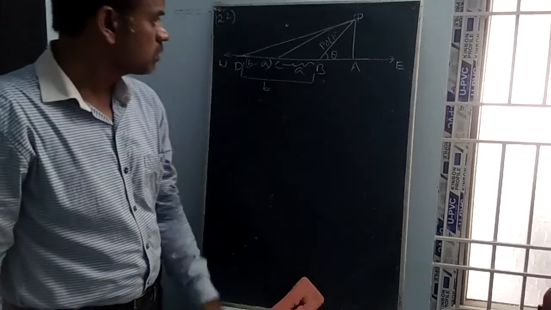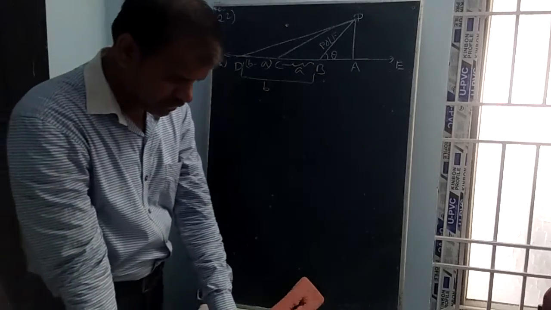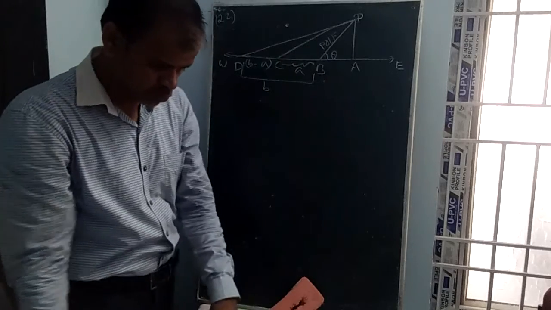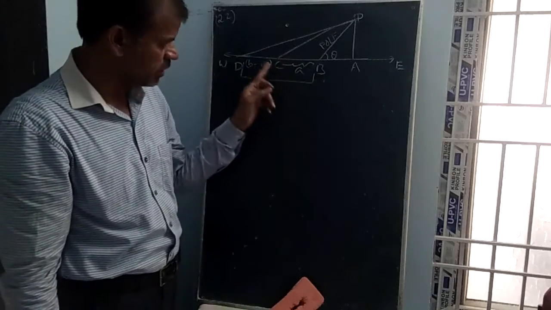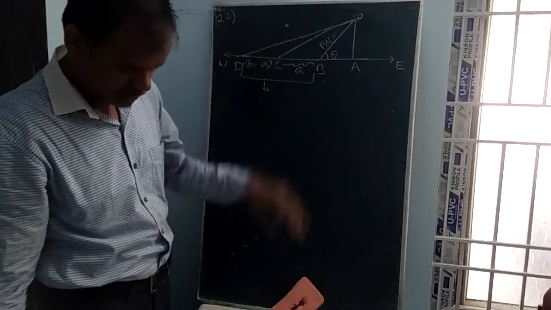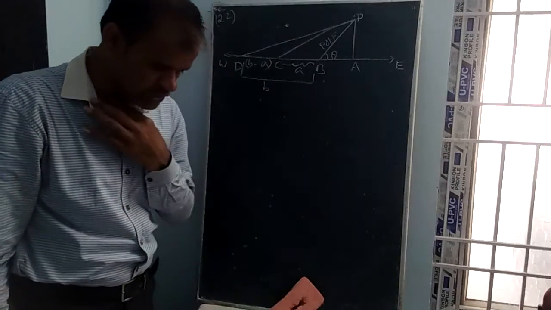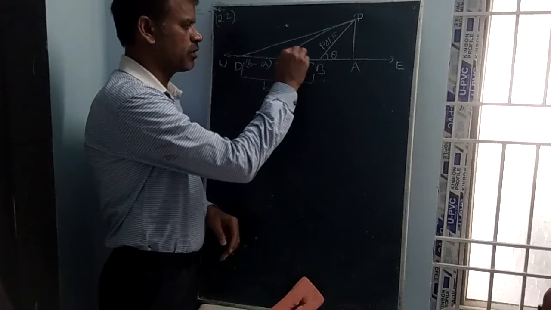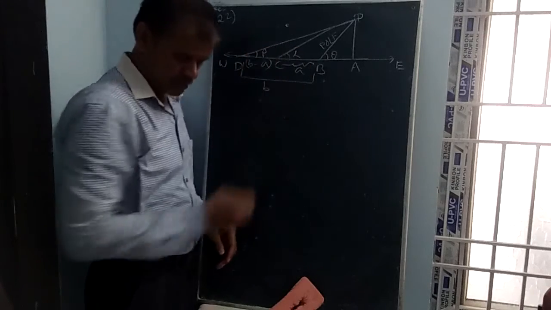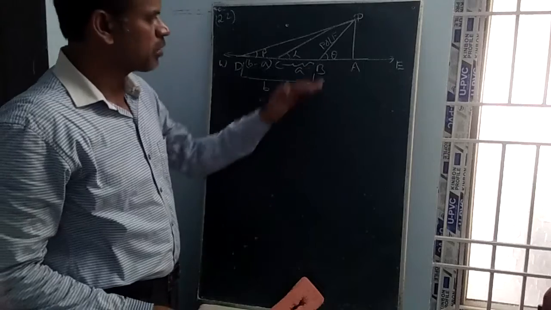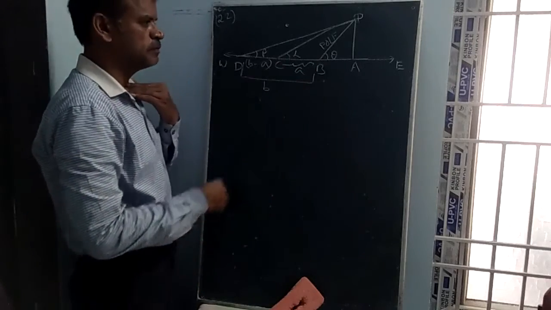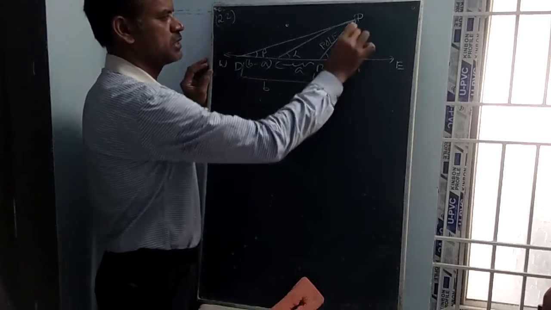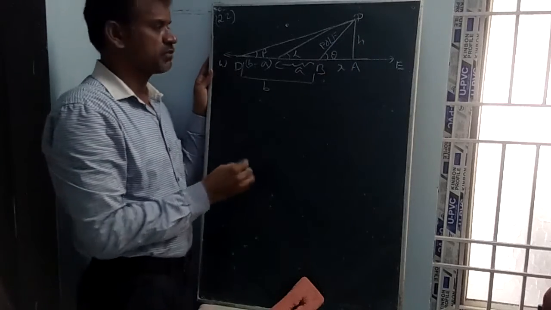Whatever data is given, a pole is slightly leaning towards east, at 2 points due west at distances a and b, at A and B, the angles of elevation of the top of the pole are alpha and beta respectively. So this is alpha and this is beta. Now the inclination of the pole to the horizontal, theta, we should calculate. Let this be x and this be h, where h is the height of the pole.